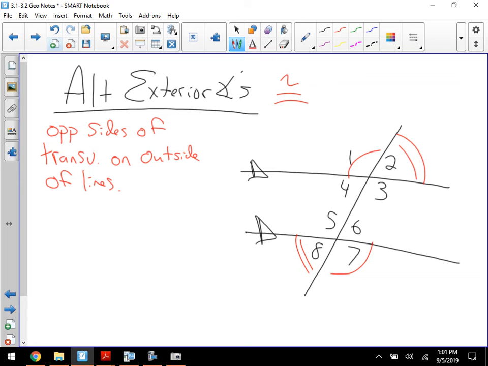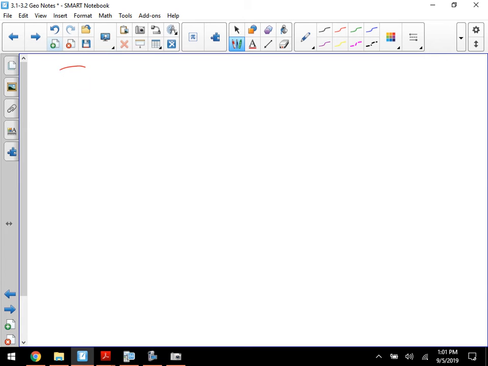All right. And then the last one is kind of the weird ball. The last one is called the same side interior.